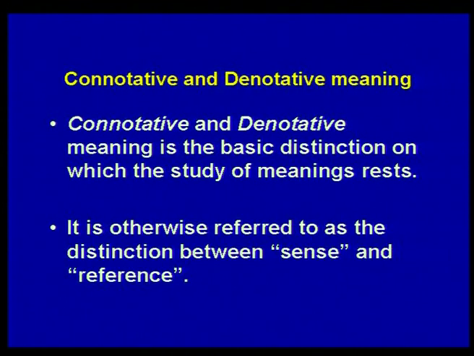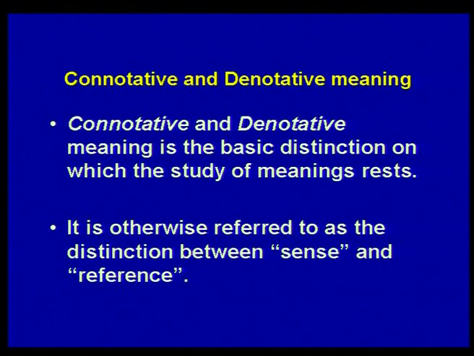The major kind of meaning difference one finds in the study of semantics is the difference between the connotative and denotative meaning. Connotative meaning, as you see, is the basic distinction on which meanings rest. It is also otherwise the distinction between sense and reference.